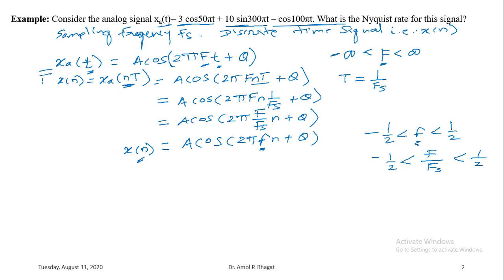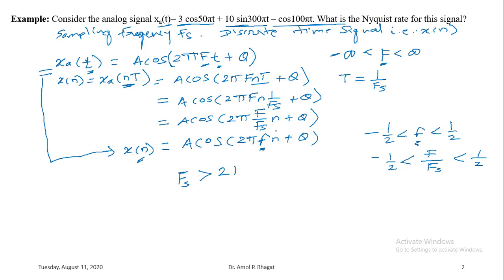As per the sampling theorem, to reconstruct this analog signal x of t from its discrete version x of n, we should select the sampling frequency Fs sufficiently high, that is, Fs should be selected greater than twice the maximum frequency.